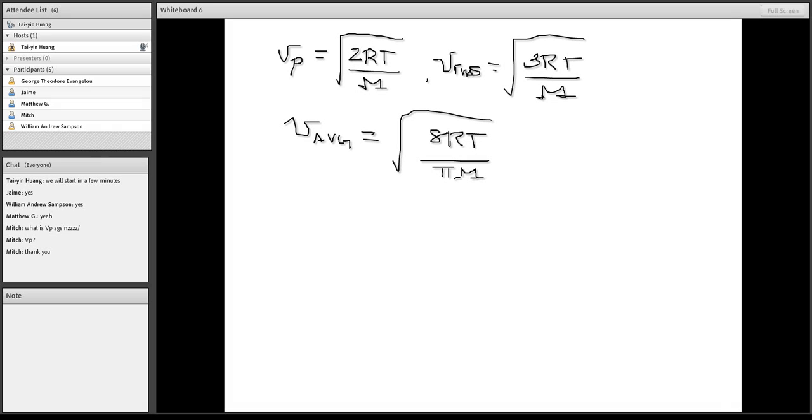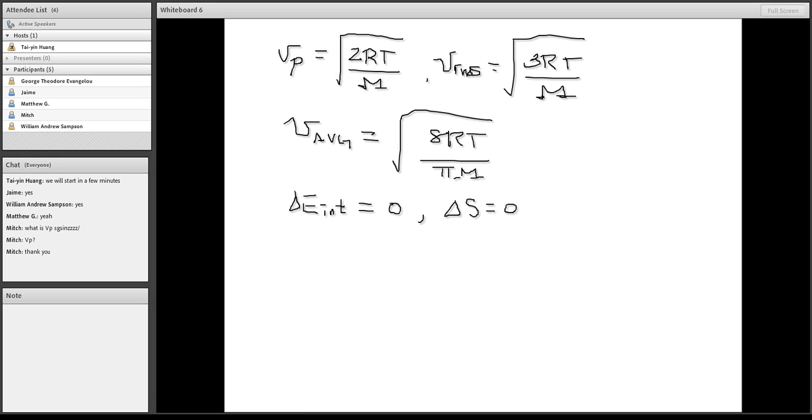So whenever we're dealing with a cycle, we know that after a cycle, the internal energy change has to be 0. And we also know that the entropy change must be 0. Okay? And that is because after a cycle, the engine gets back to its original starting place. So it has the same temperature, same volume, same pressure. So that's why there's no change in internal energy and there's no change in entropy.